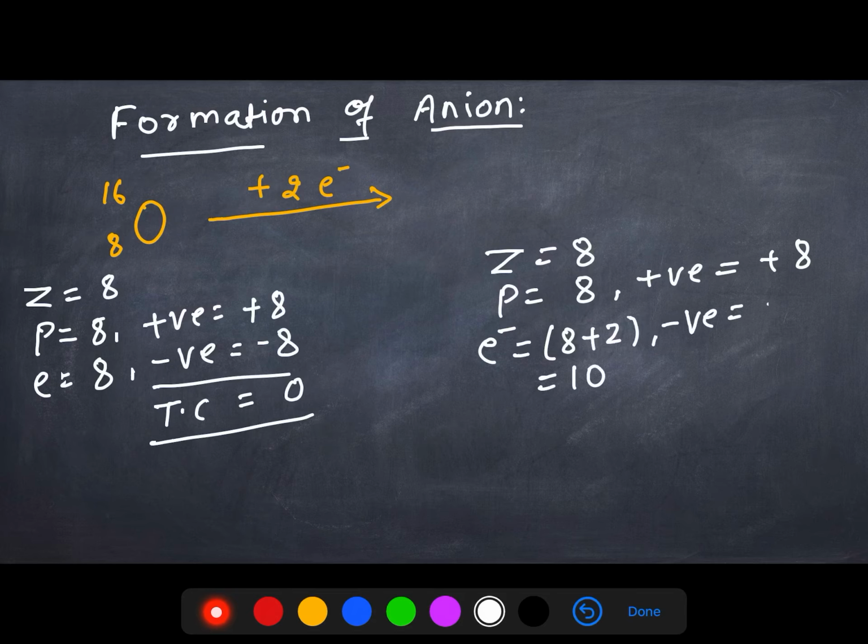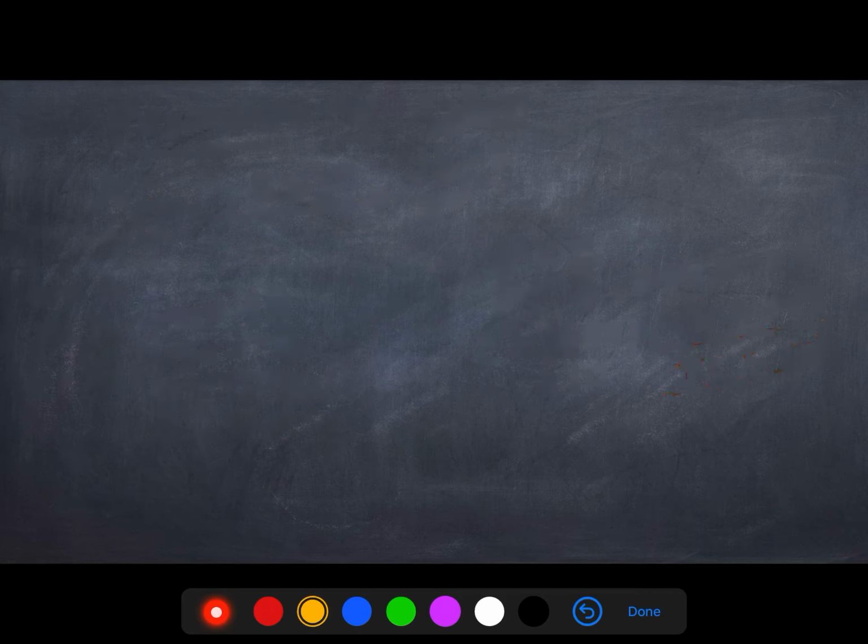Total number of electrons is 10. Because of 10 electrons, the negative charge developed will be minus 10. And if you calculate the total charge, you get minus 2. So this minus 2 is the net charge that the oxygen atom is going to show. Will it be O minus 2? And is there any change in the atomic number and atomic mass? No, there is no change in the atomic number and atomic mass.